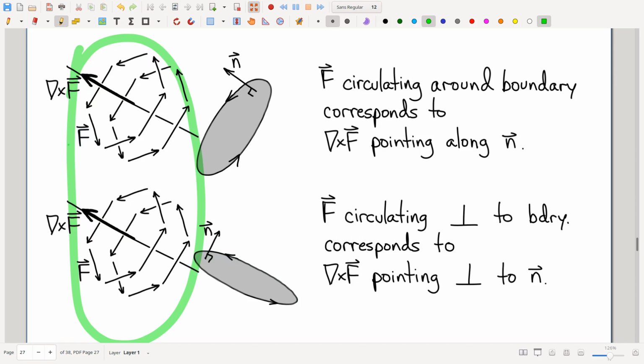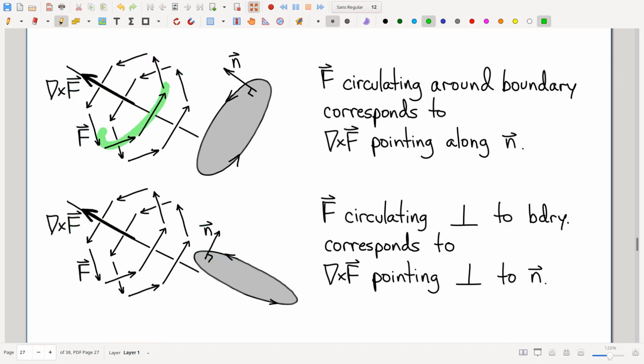Does it kind of make sense here? And I claim it totally does. Here's the fluid rotating around. Notice the boundary is rotating around in the same sort of way.